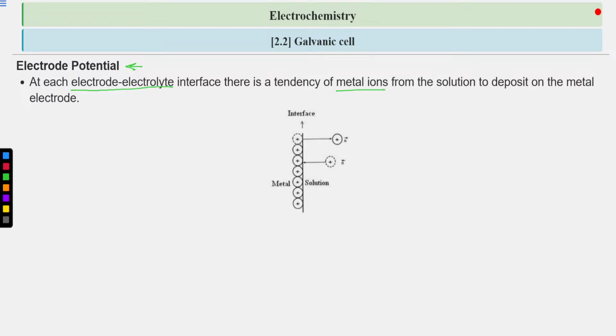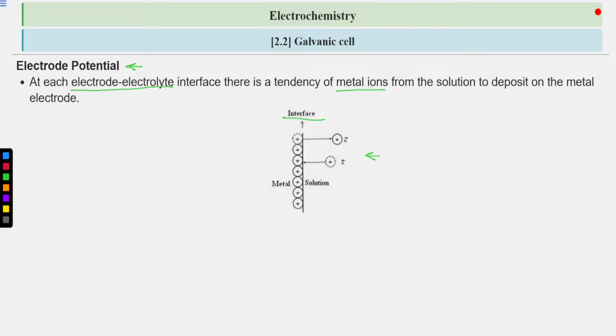If you can see this diagram, the straight line represents the interface between the electrode and the electrolyte. Here we have a solution with metal ions, and this is the boundary between a metal and a solution, or the electrode and the electrolyte.